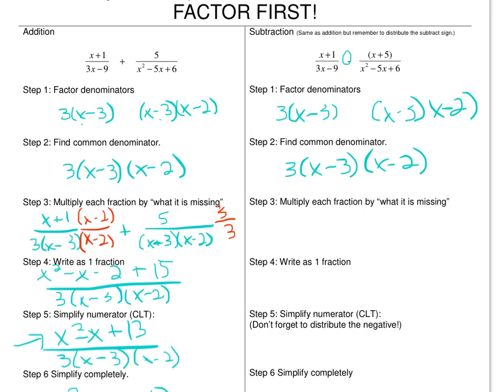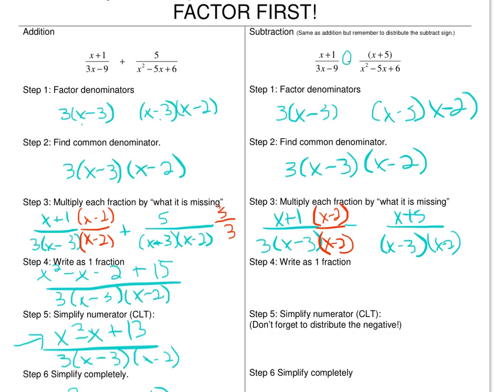And then multiply each fraction by what's missing. This will be the same basic idea as before. So let me rewrite the problem. Okay, so now I'm going to multiply this one times x minus 2 over x minus 2, and I'm going to multiply this one times 3 over 3.